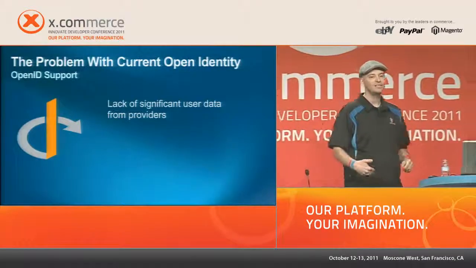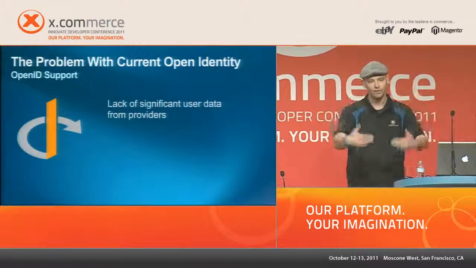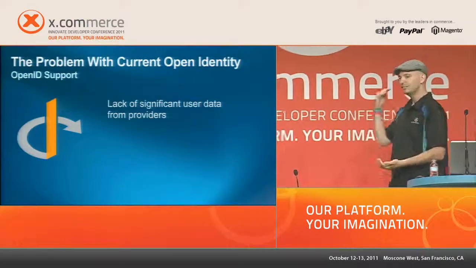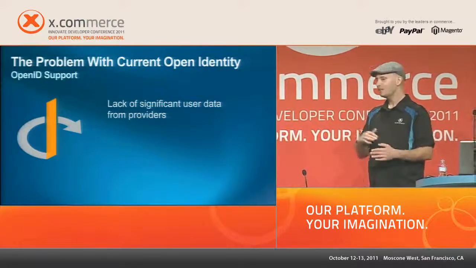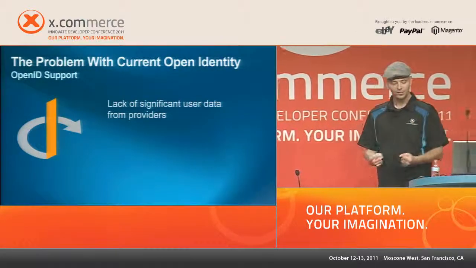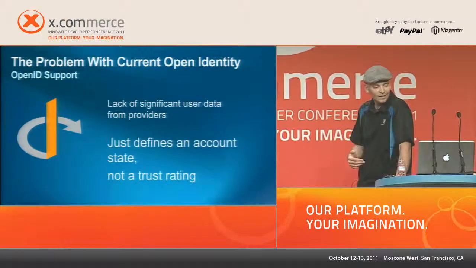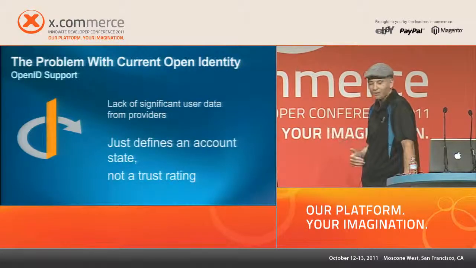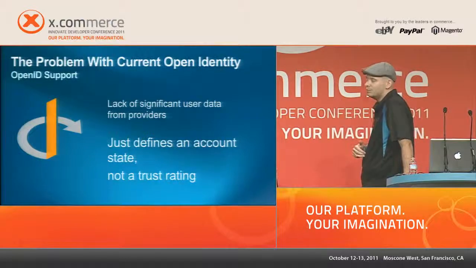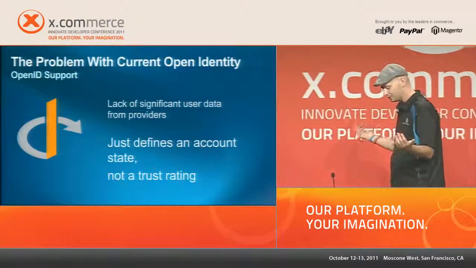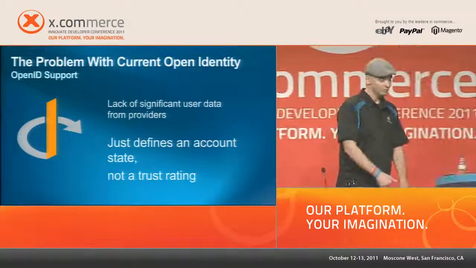All this information brings back to your real identity. This is something that you can't change. These are real facts, not your perceived facts. So there definitely is a difference in the space. And realistically, the OpenID implementation simply defines an account state, whether you have an account, besides the public badge information. So really not that useful.